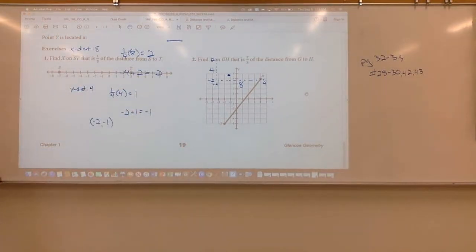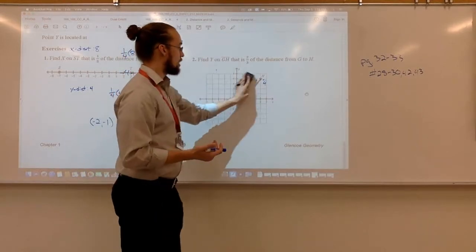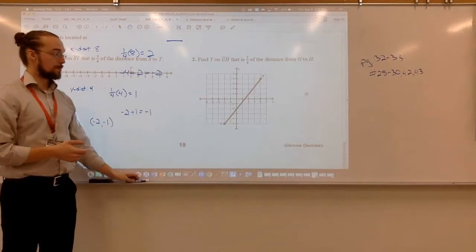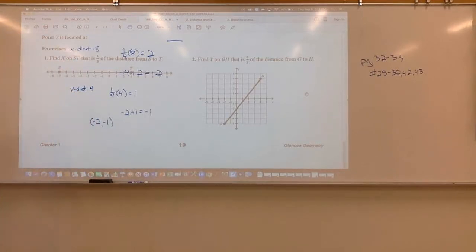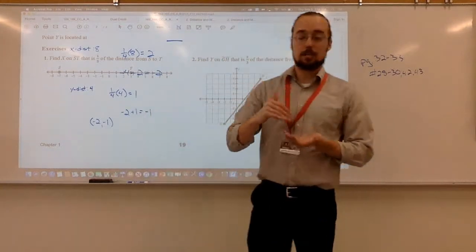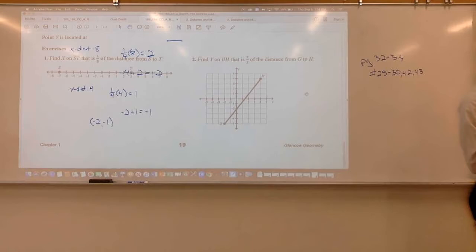We want to find some point y on this line GH that is 2/3 of the distance from G to H. Okay, so first we need to find the total x distance. Find 2/3 of that distance, go that far, find the total y distance, take 2/3 of that, go that distance from where we start. So let's take a few minutes here and try this one.